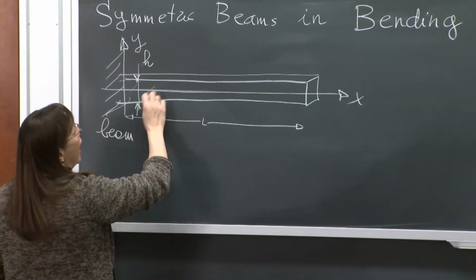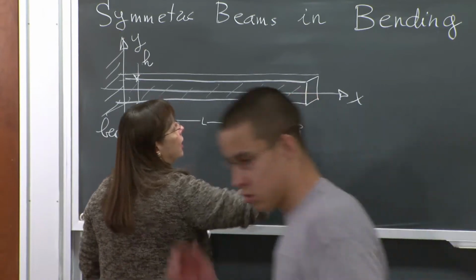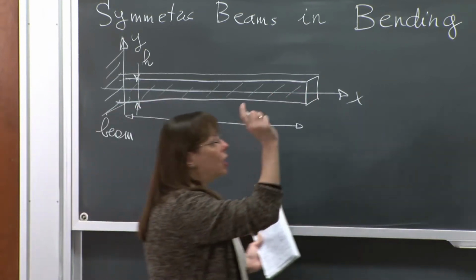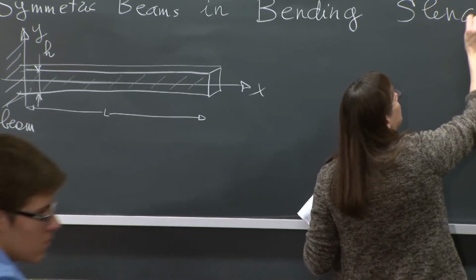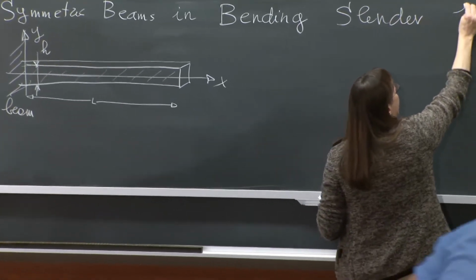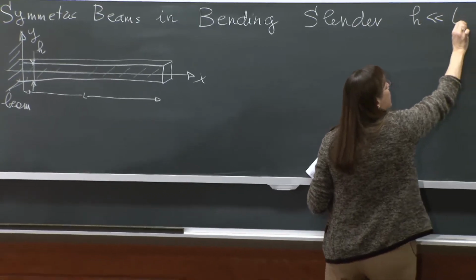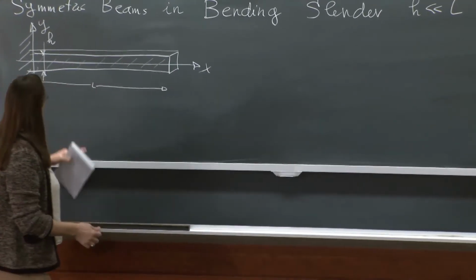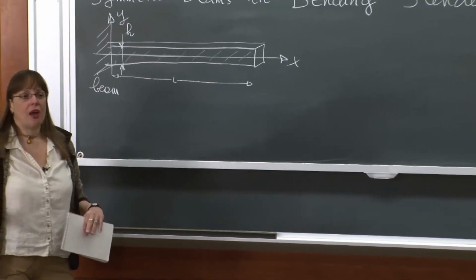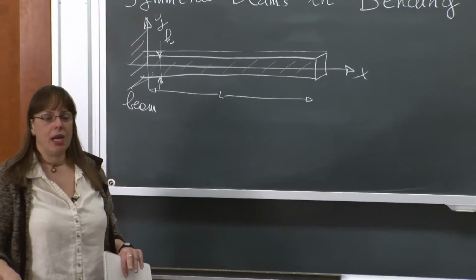The height of the beam is much smaller than the length. So the beams in 201 are slender, which means that H is much less than L. You're saying, how is this different from a shaft in torsion or a bar in axial loading?